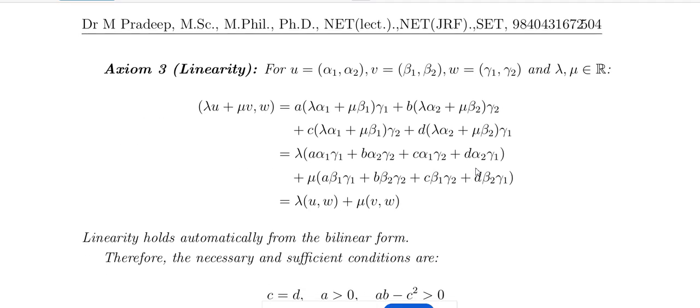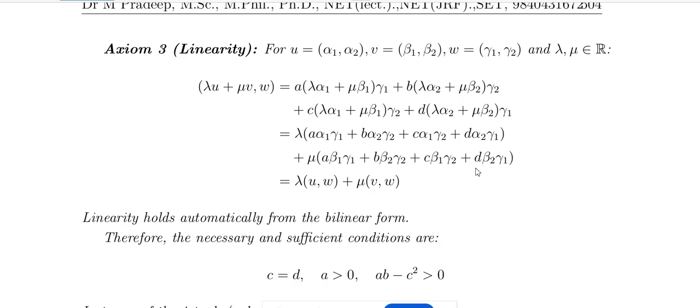In the same way, axiom 3, the linearity property: choose u, v, w, and lambda, mu belonging to the field R. Then consider lambda u plus mu v comma w, where u is (alpha 1, alpha 2) and v is (beta 1, beta 2).